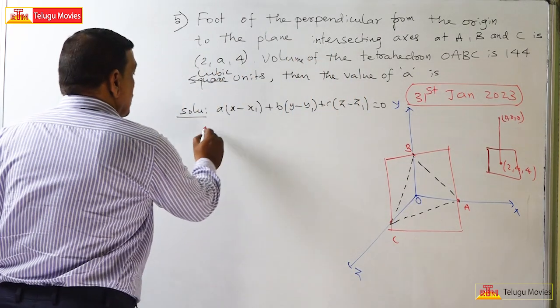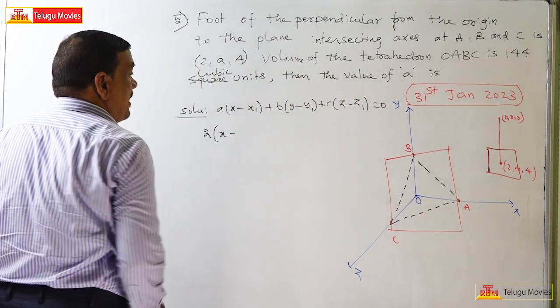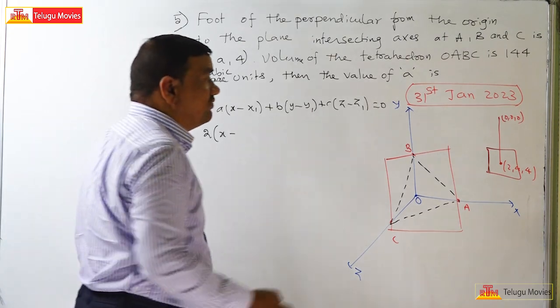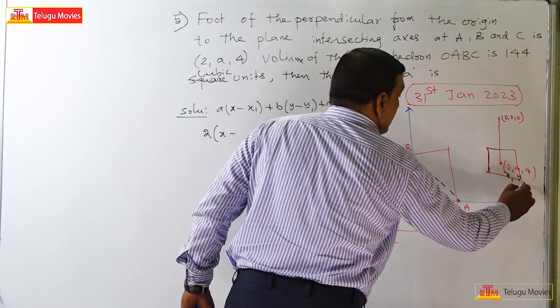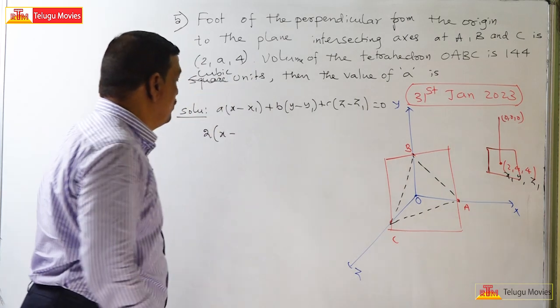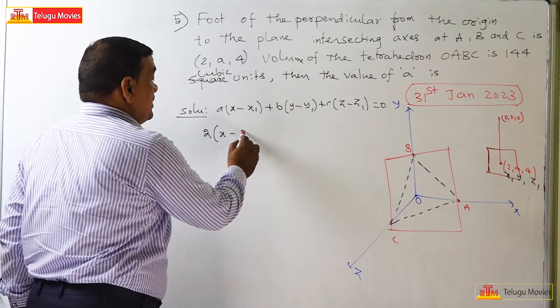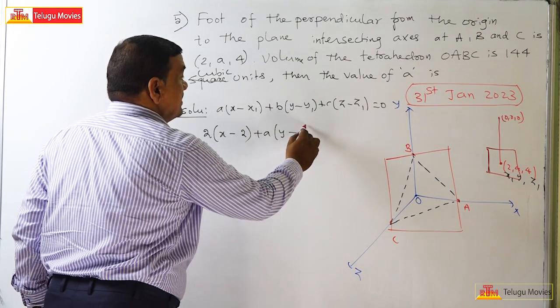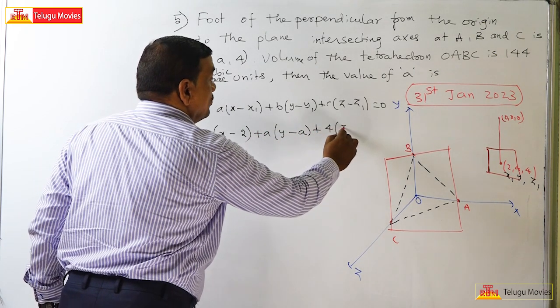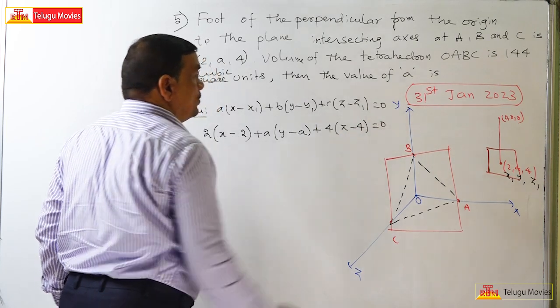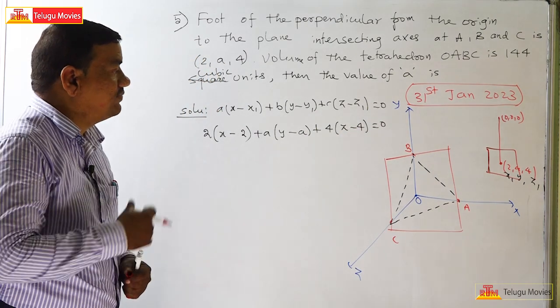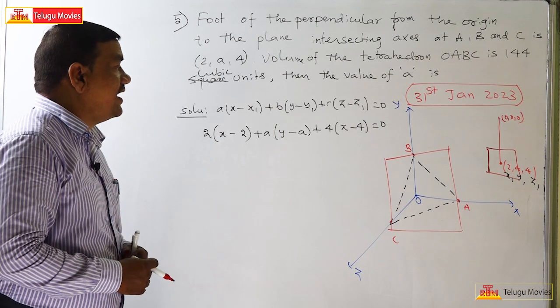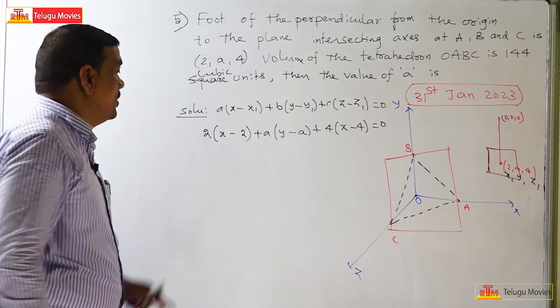So it is 2(x minus 2) plus a(y minus a) plus 4(z minus 4) equals 0.